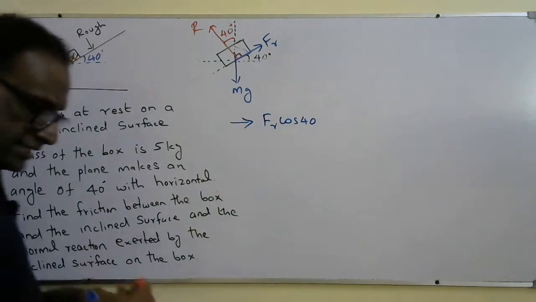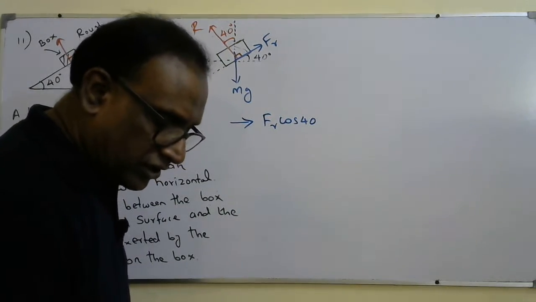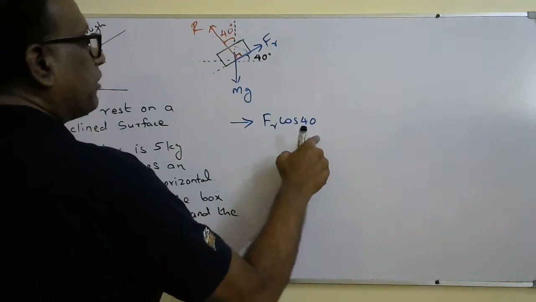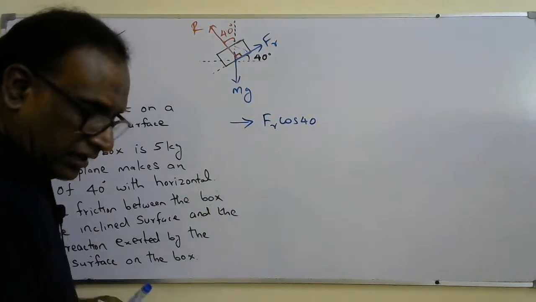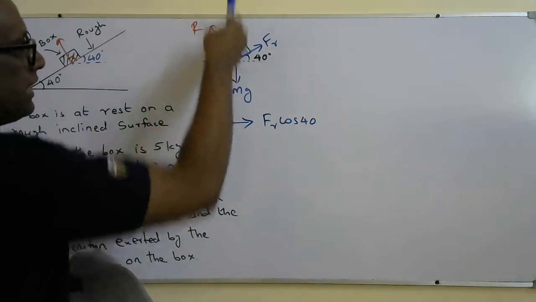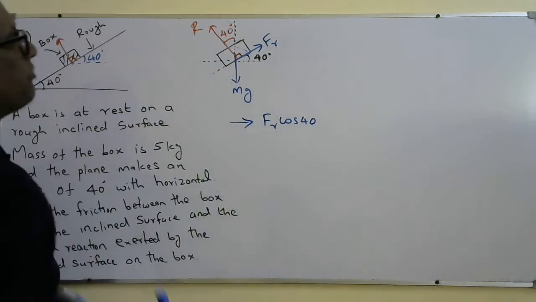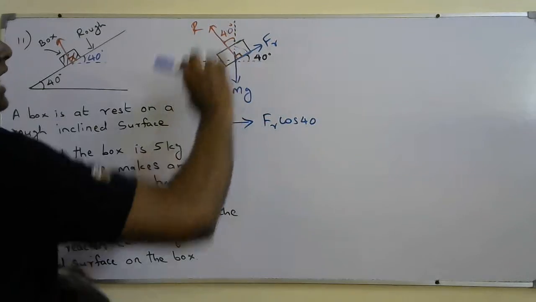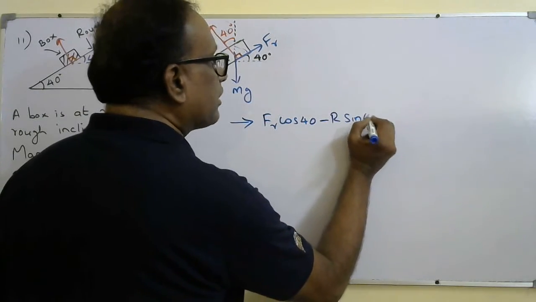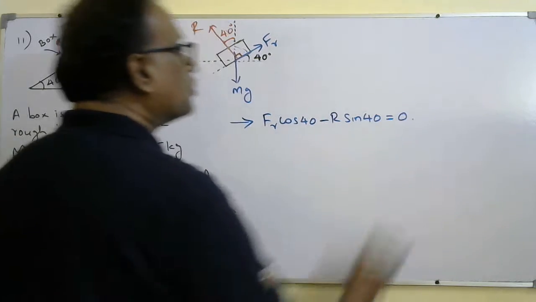Okay, so now I can resolve all the forces horizontally and vertically equal to 0. So Fr cos 40, mg has no horizontal component. If I resolve R, with the vertical line R is making an angle 40 degrees. So Fr cos 40 minus R sin 40 equal to 0.